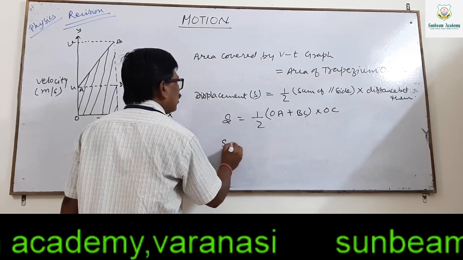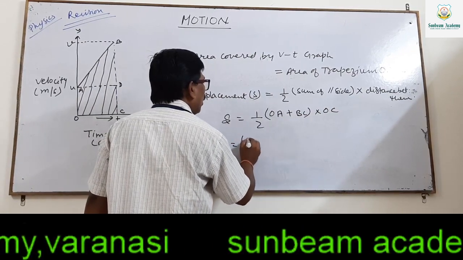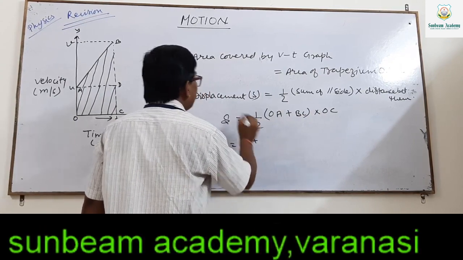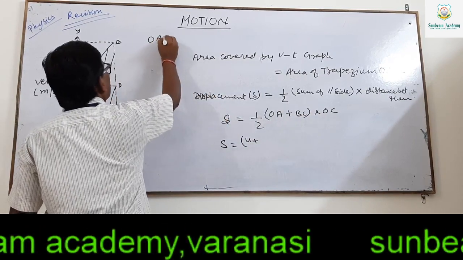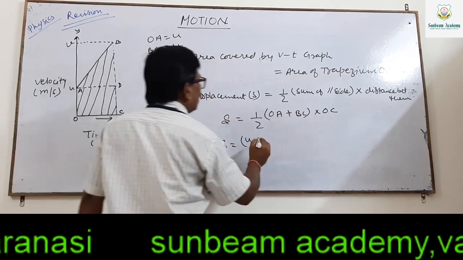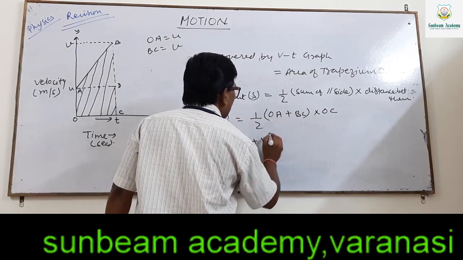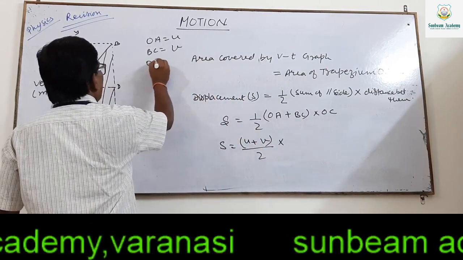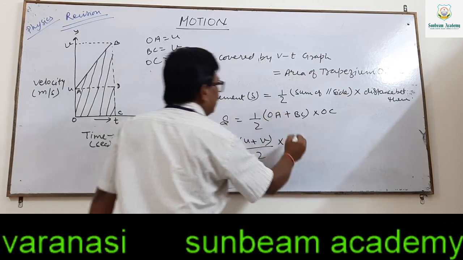So S is equal to, you can write here, OA is U and BC is V, you know that OA is equal to U and BC is equal to V. So V upon 2 into OC is equal to how much? That is equal to T.